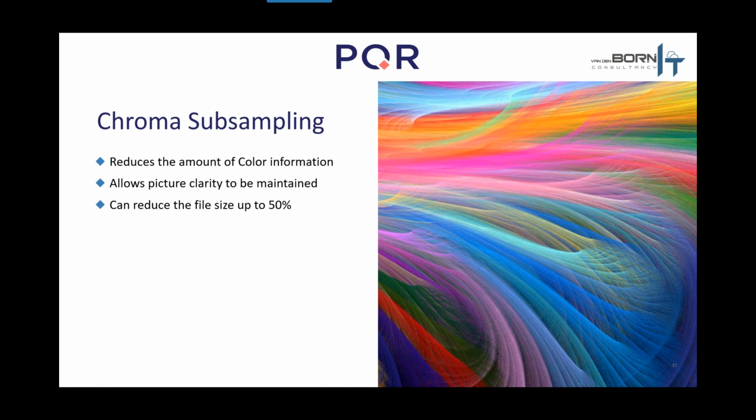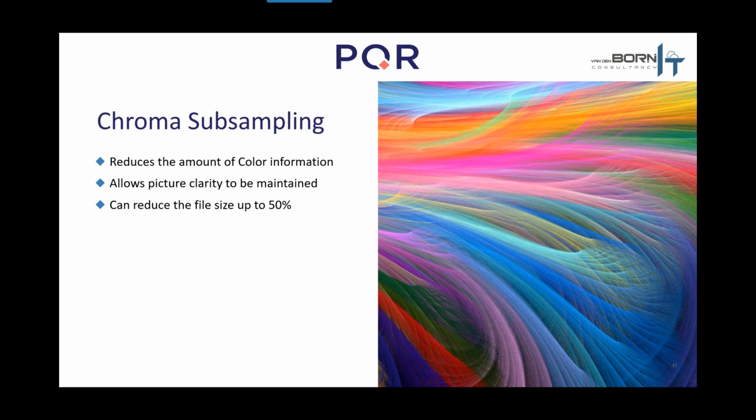And one big thing that's being used in image compression, especially with moving images, is Chroma Sub-sampling. And it's used on platforms like YouTube, but also on Blu-rays, in games. And it reduces the amount of color information, but the picture clarity will be maintained.